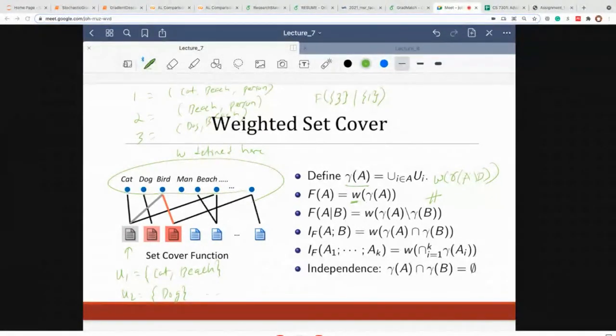Because 1 is document 1, 3 is document 3, and they are disjoint in the sense that these two elements have nothing in common, because both of these are singleton sets. So this is A and this is B. The sets A and B themselves are disjoint. But when you look at it from a set cover perspective, this function is going to be gamma of the set difference between 3 and 1. And this set difference is actually dog. So the additional information that 3 has, which is not in 1, is dog.